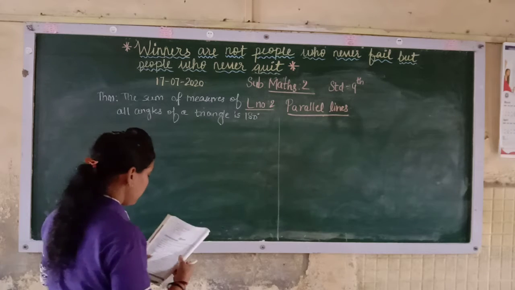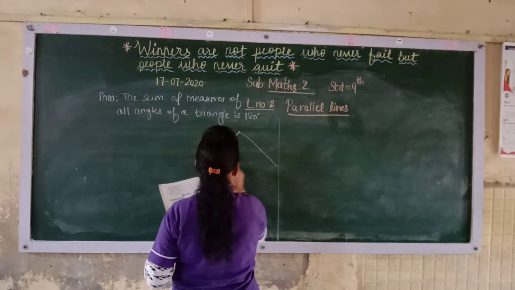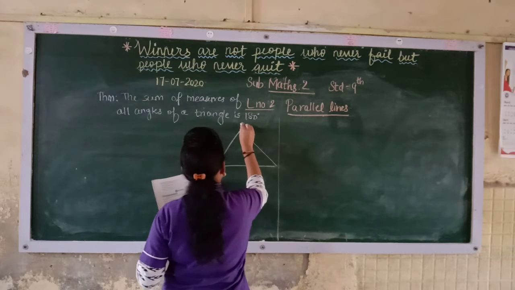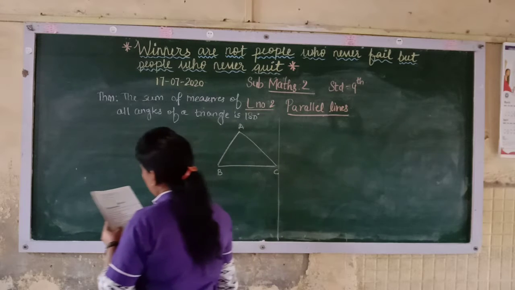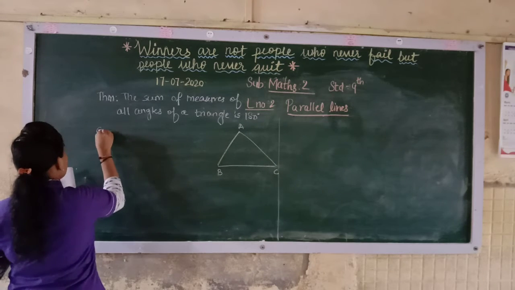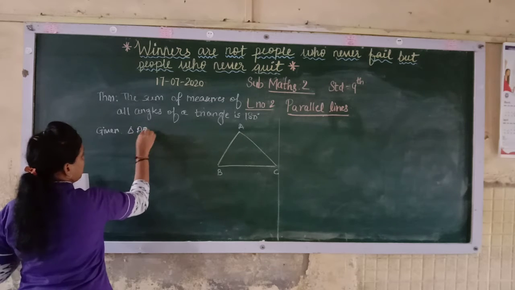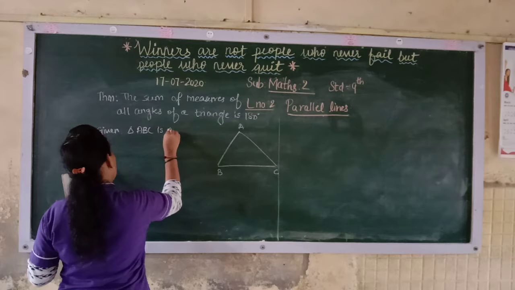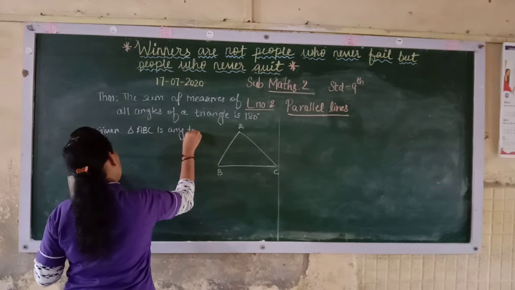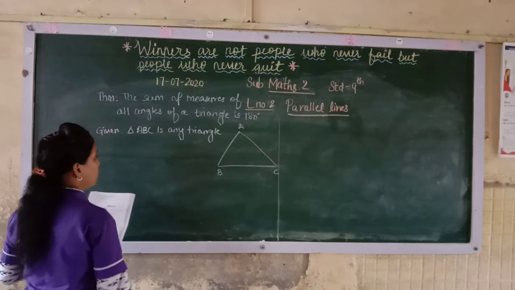Now for this, draw a triangle ABC. Now, what is given? In the given you will write: triangle ABC is any triangle.